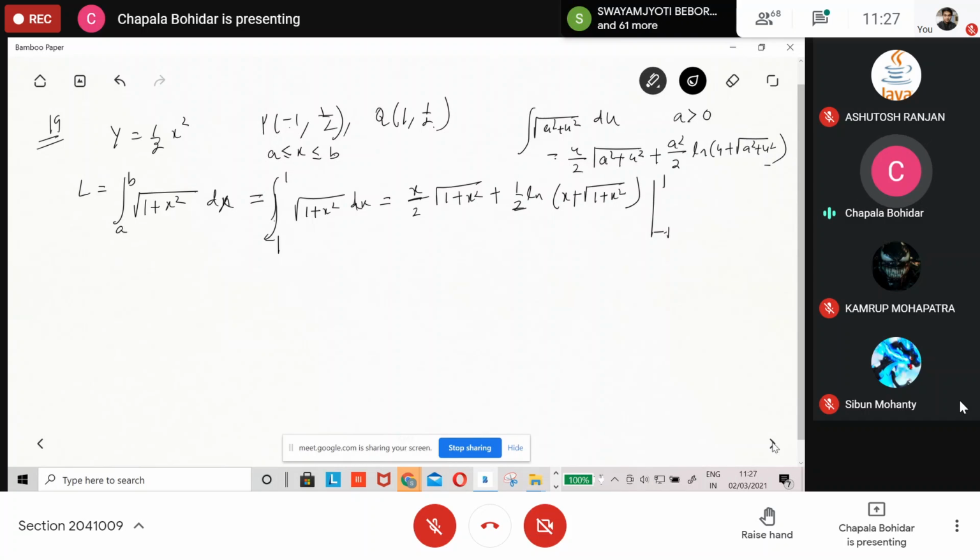Here it is written as plus c, but since it is a definite integral from -1 to 1, find the result.